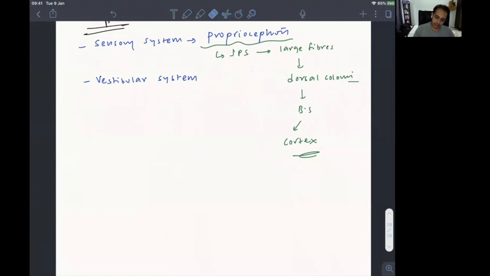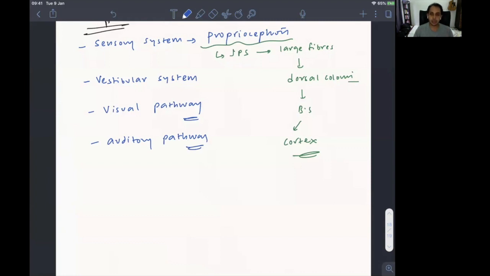The other sensory inputs come from your visual pathway. You need to be able to see where you're going, and you need to be able to see if there are any obstacles in front of you. And there is an auditory pathway, so you need to hear the things around you.